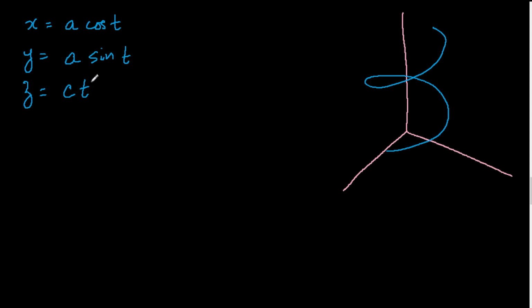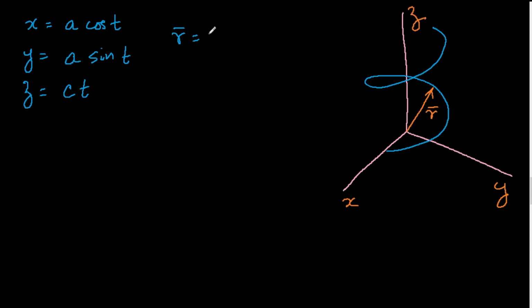So that's given. And as we represent this parameter now, say any point here, this is the r vector. Say suppose this is x, this is y, and this is z axis.